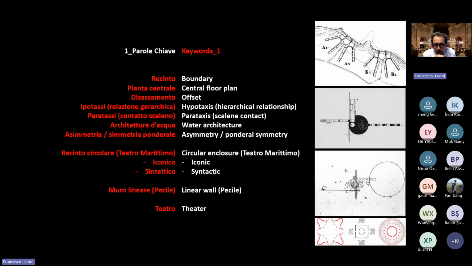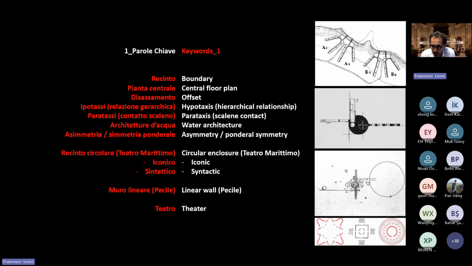The concept could be the one that I told you about, hypotaxis, that is hierarchical relationship, or the concept of parataxis, that is scalene contact, that is something that is all on the same level.